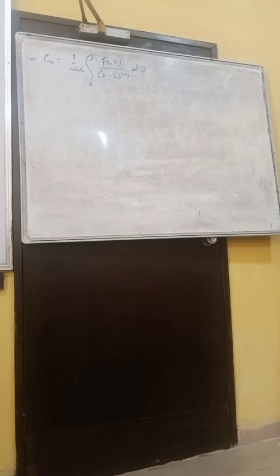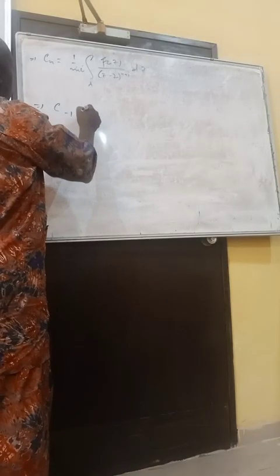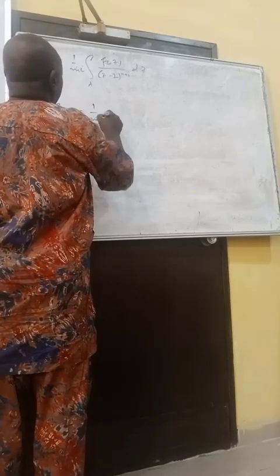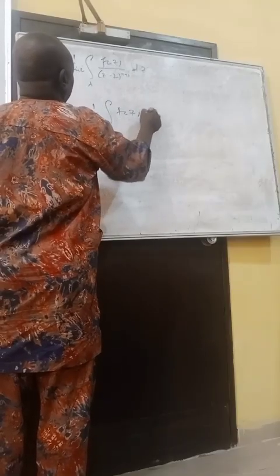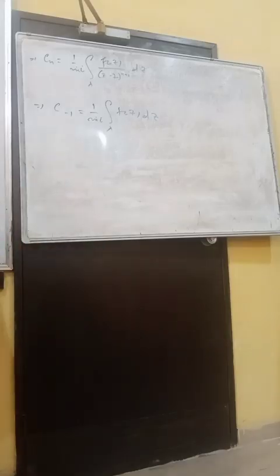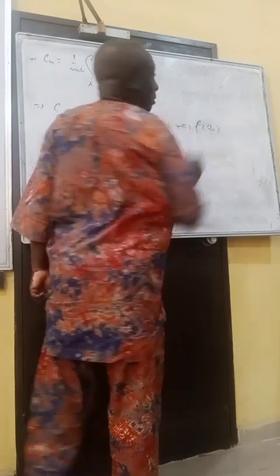Because this n factorial is cancelled. And from here, we can see that c minus 1, if you put n equal to minus 1, you are going to have 1 all over 2 pi i integral over lambda of f of z dz, because if n is equal to minus 1, the exponent n plus 1 will be 0. So that is what you got. And you know this is the residue of f at z naught.